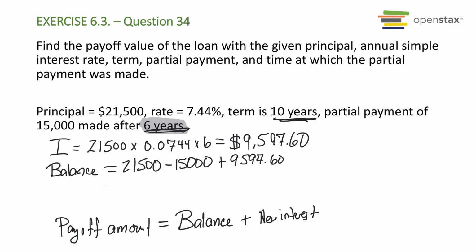We paid $15,000, which takes away, and then we're adding back $9,597.60.